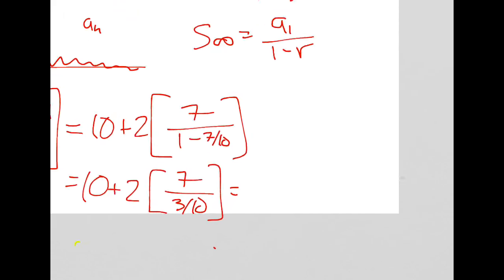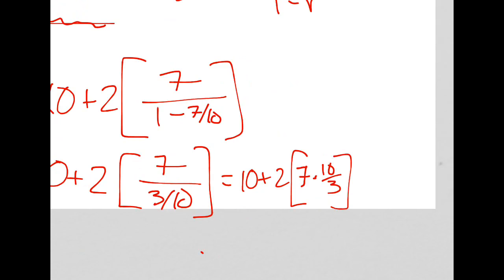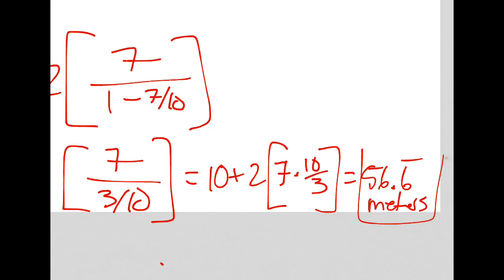I can continue to simplify this. 10 plus 2 times 7 over 3/10 is the same as 7 times 10/3. And at this point, I'm going to pull a calculator out, and I'm going to crunch those numbers. I'm going to get 56.6 repeating. And again, our units are meters, and that is how far this ball traveled.